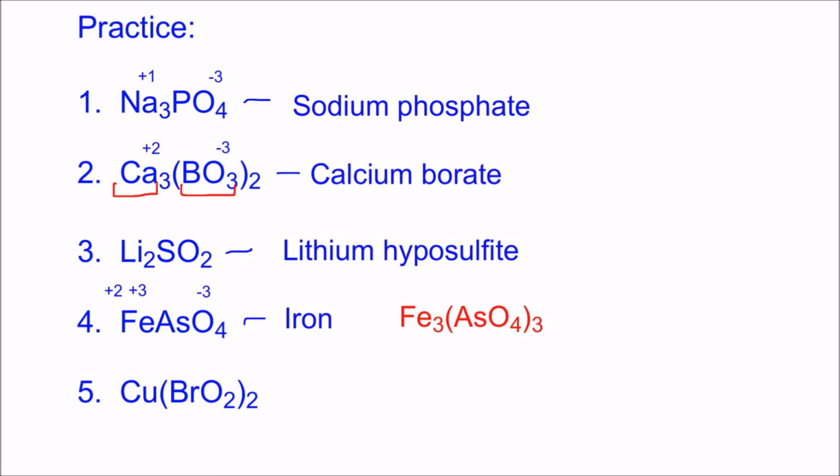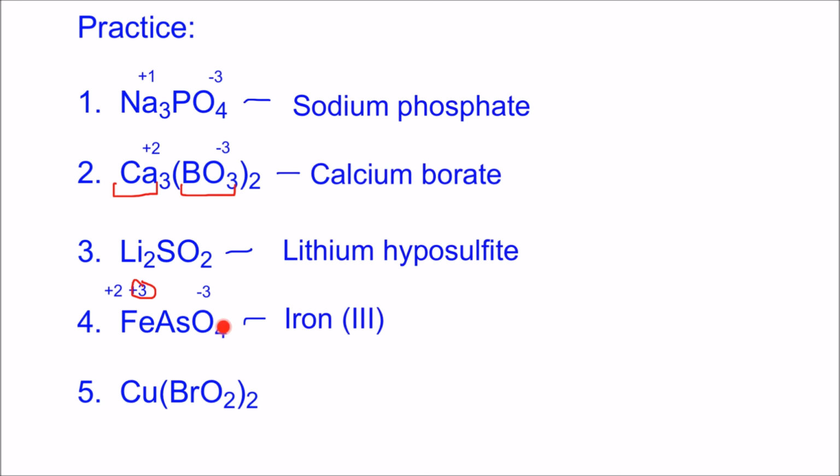So here's what that would look like. That means that this 3 and this 3 would cancel each other out. We could drop the parentheses and put them all together, which is what we ended up with right over here. So we have the 3 version of iron. So let's put 3 in Roman numerals right here.